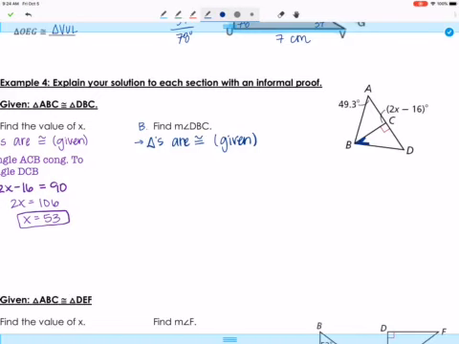All right. What I can use from the first triangle at the top is that I know if angle A is represented by 49.3, angle D should also be 49.3. But I want to say angle A should be the same as angle D, also because that was just given in the congruency statement. So angle D should also be 49.3.